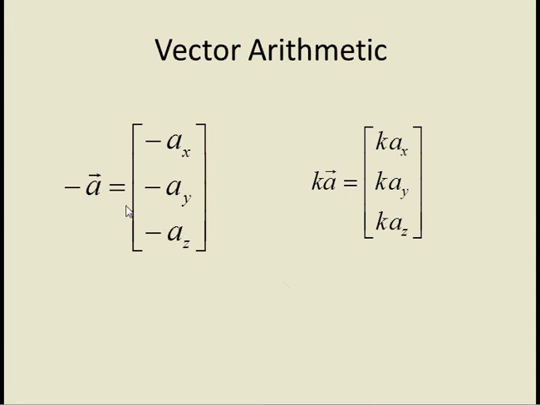There it is in symbols. Vector a is (ax, ay, az), so negative a is going to be (-ax, -ay, -az). You can read that for yourself. And same when multiplying by a scalar k.